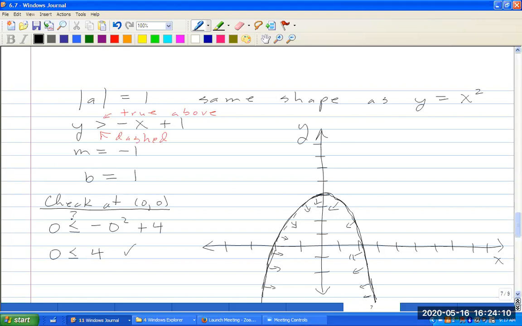Next, let's look at y-intercept is 1 and the slope is -1. So it looks something like this. This was the one that was dashed. And it's true above. So it's true in this region. Okay, so the overlap is just here.